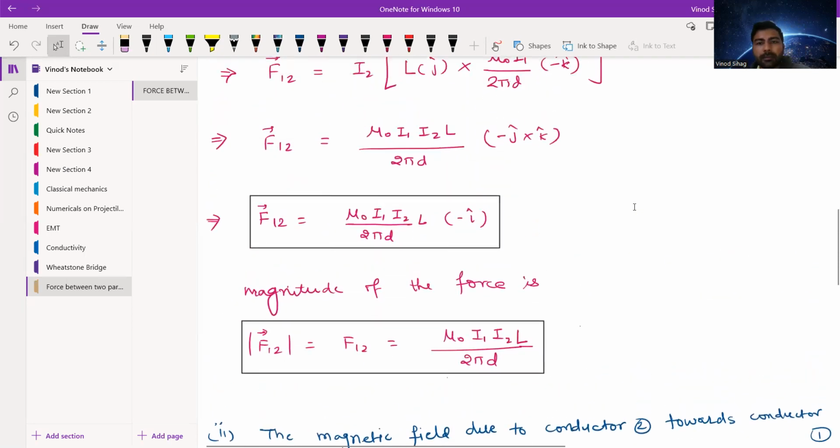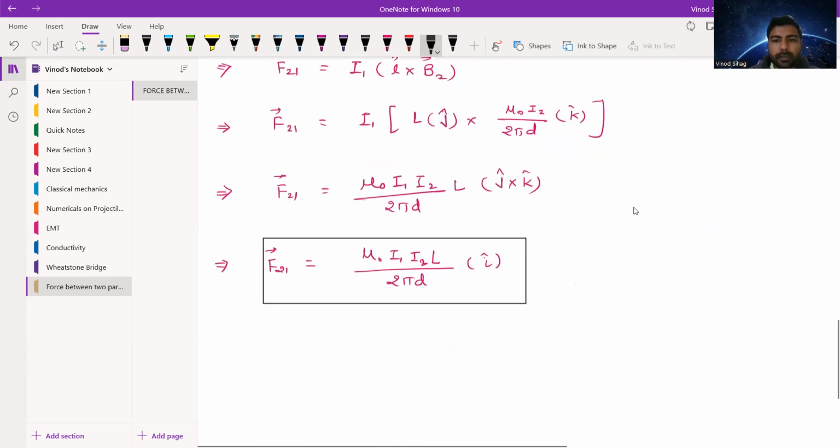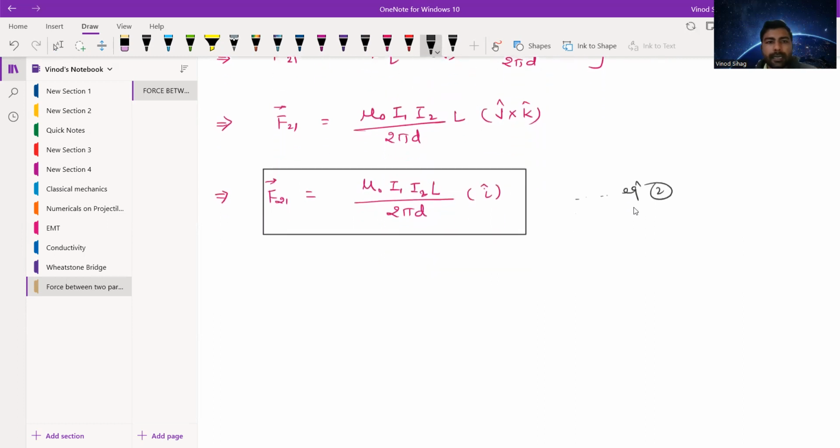So from equation number 1, let me write the equation here, and from equation number 2, we can say that, okay, first of all, let's take the magnitude of it.